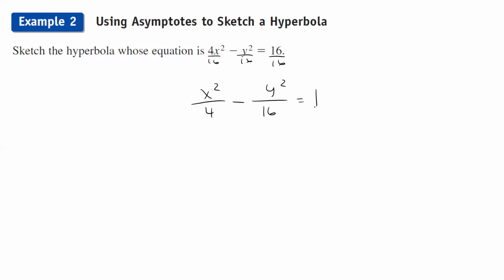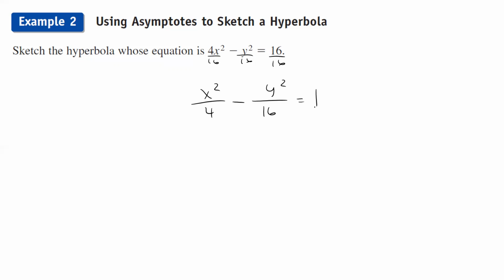Horizontal or vertical? That's what we need to know. What did you write underneath the equation? 16. I divided everything by 16 to get a 1. Set equal to 1.